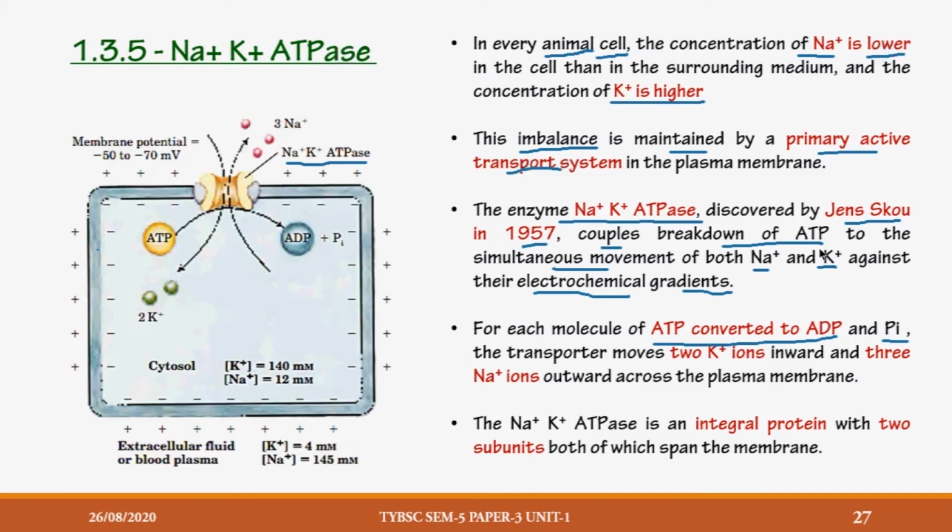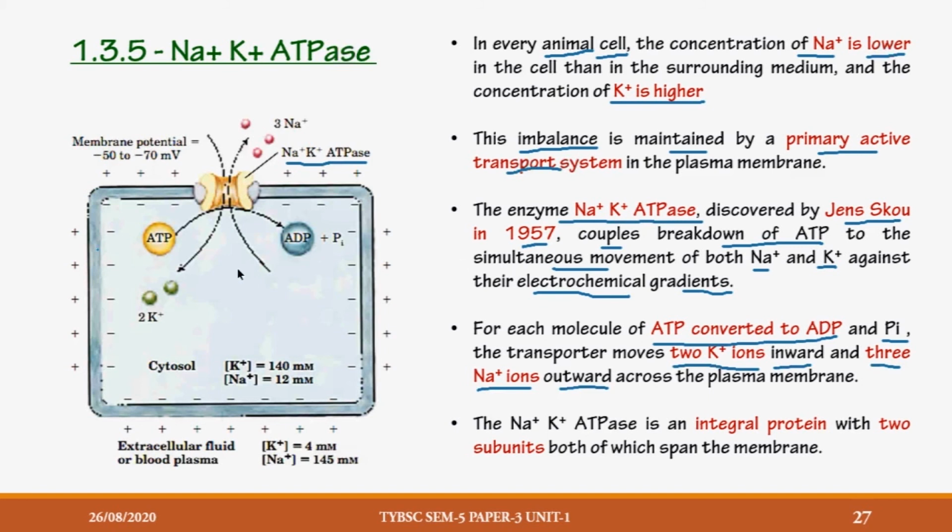Let us see this here. Two molecules of K plus are transported inward, means transported inside the cell from outside. बाहर से two K plus molecules are transported inside the cell, while 3 Na plus, as you can see here, 3 molecules of Na plus are transported outward, means outside the cell.